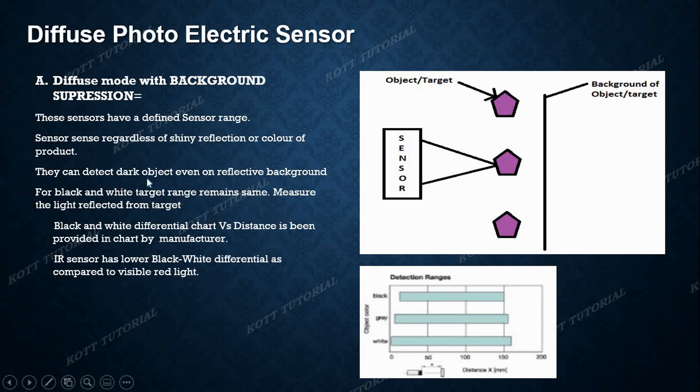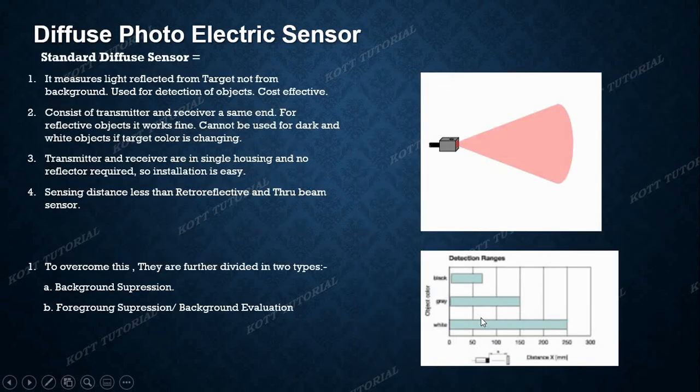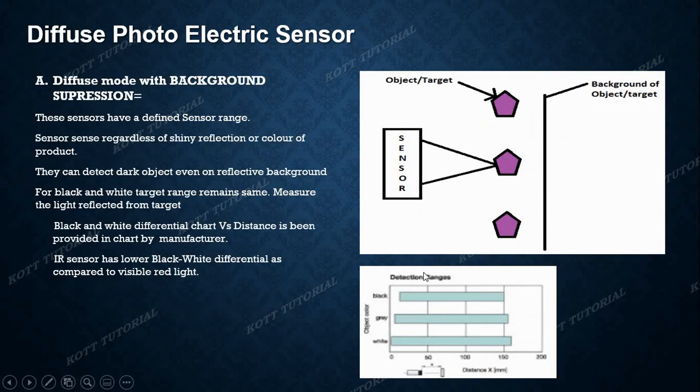I will explain this point from this graph. In the earlier graph we have seen, for the same sensor, if we have a black product, it can detect up to a range of say 75 mm, and for a white product it can sense at a range of 250 mm.